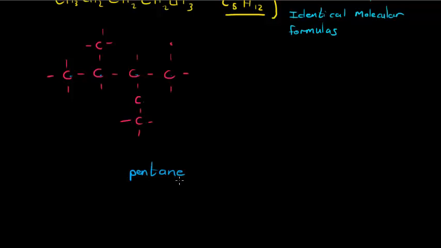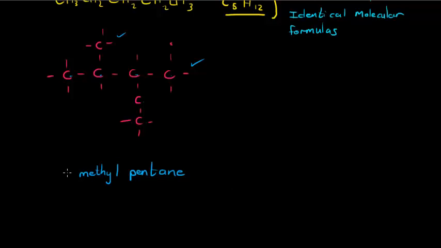Okay, but this pentane has 2 carbon chains, 2 branches to it. Okay, now the 2 chains are both methyl chains, so I would call it methyl pentane.